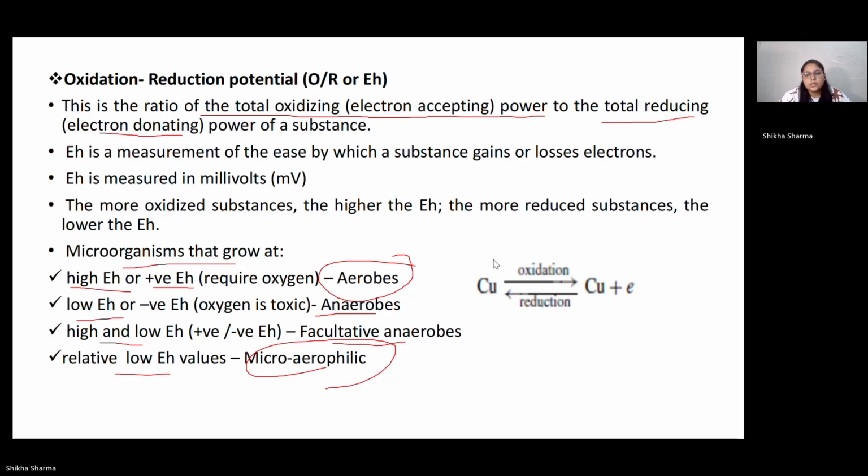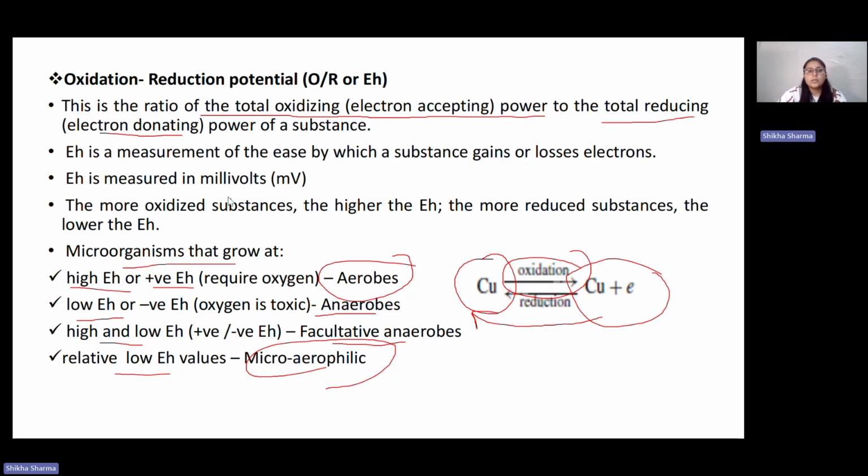If a substance is taking oxygen, it is undergoing oxidation by giving up electrons, and if it is gaining electrons, it is undergoing reduction. This way, the oxidation reduction potential is there.